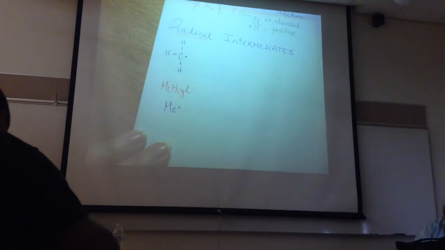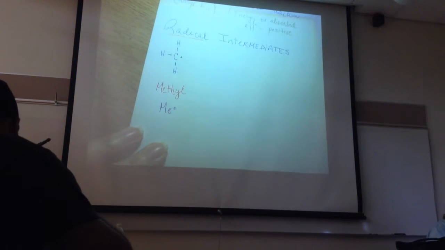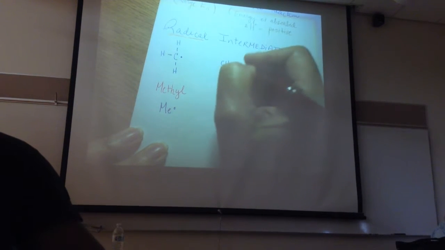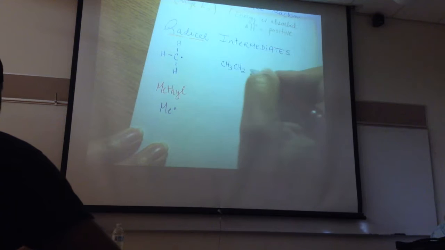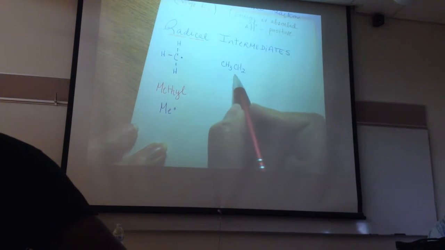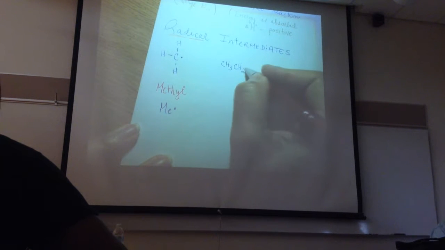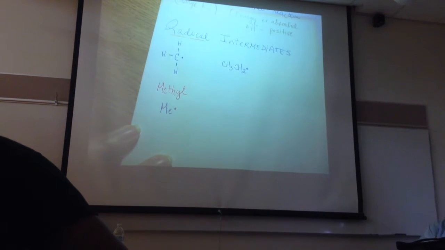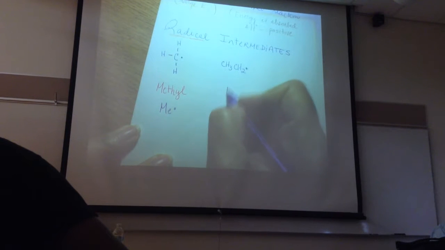Everybody okay? Or you can have CH3CH2, and if you break that carbon-hydrogen bond, because this was a primary carbon, the radical is called a primary radical. We no longer call it ethyl here; this is called your primary radical.